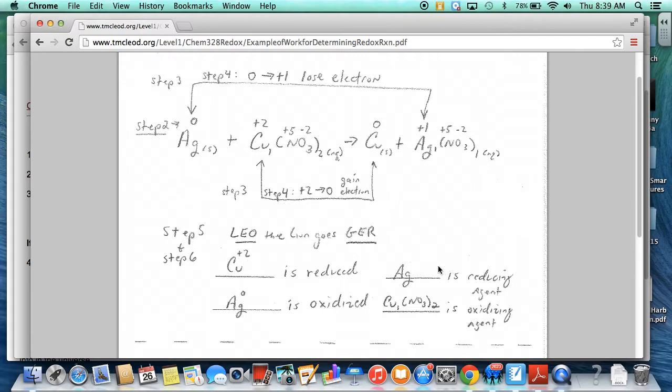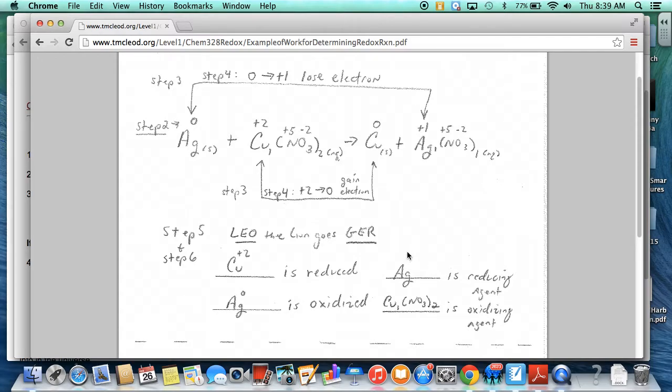And the agents are always the whole thing. So what I tell my students is that with the things being reduced and oxidized, your arrow is pointing to one thing. With the agents, I'm keying in on this plus sign, and I put my finger over the Cu plus 2 that is being reduced, and I look at the guy next to it, which is the silver.